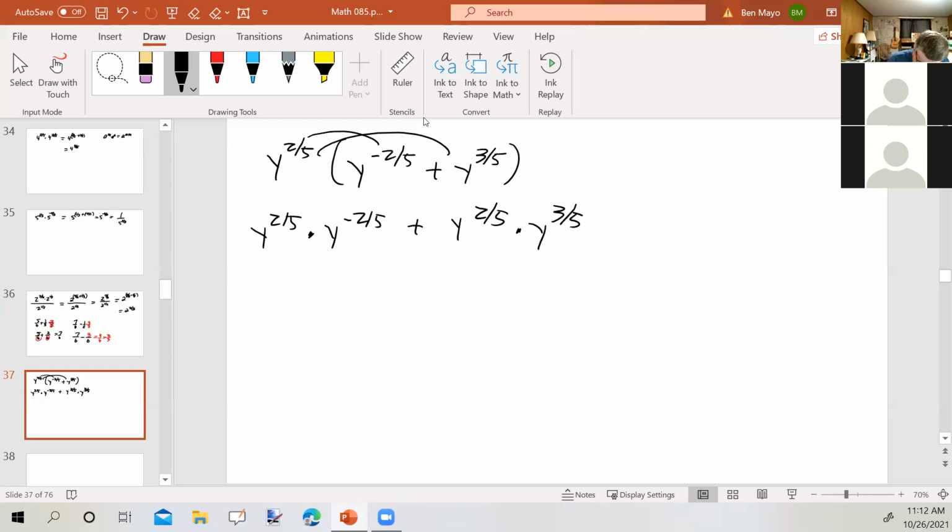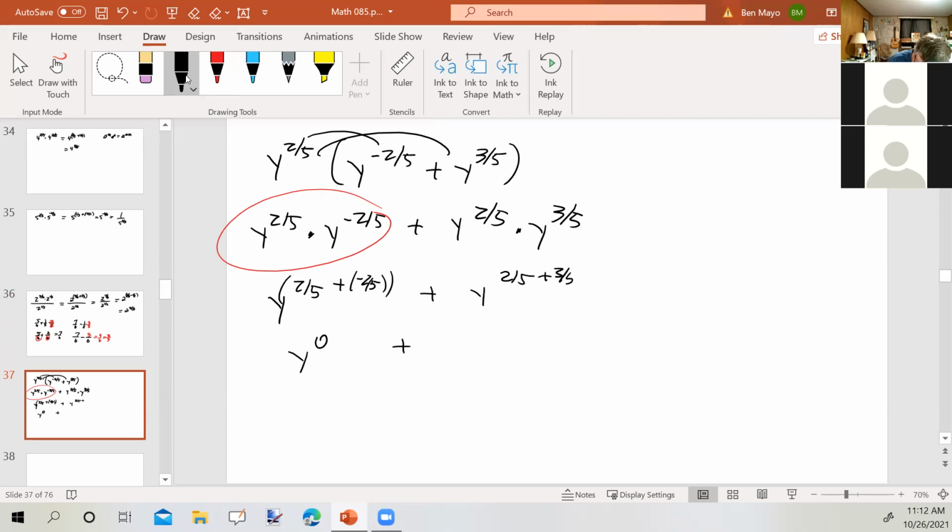Multiplying two powers with the same base, here we're going to add the exponents. So we get y to the 2/5 plus negative 2/5, which is y to the 0 power, plus y to the 2/5 plus 3/5, which is y to the 5/5 power. Oh, here's another rule.